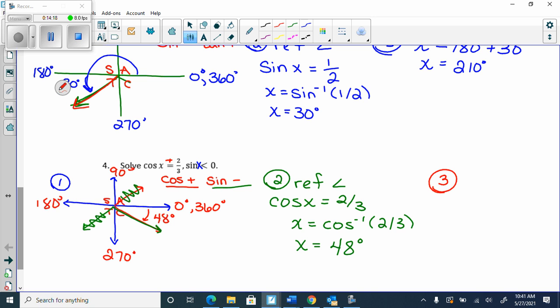So what's our variable? It's x. X equals 360 degrees minus 48 degrees. And x equals 312. Yeah? Flip over.